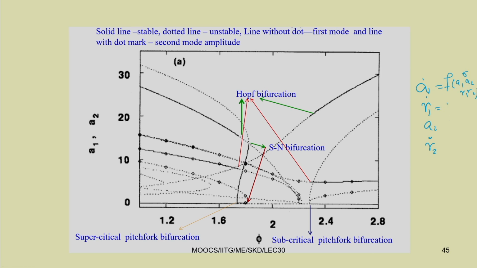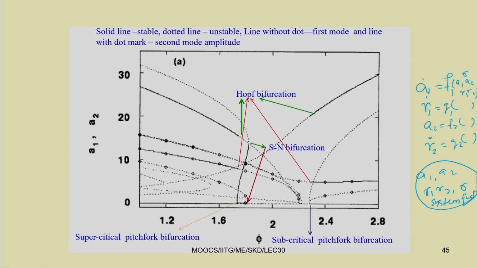Similarly this is F1, this is G1, this is F2 and this is G2. All of them are functions of A1, A2, gamma 1, gamma 2, sigma and also different system parameters.